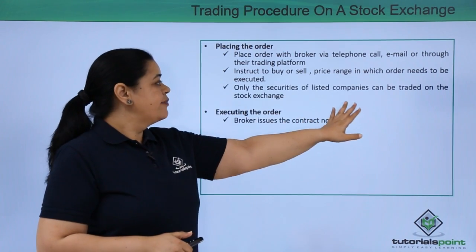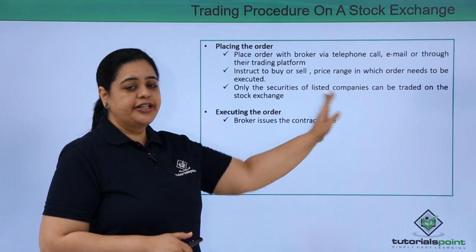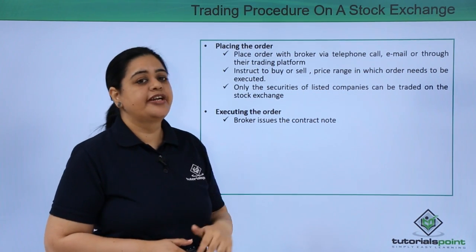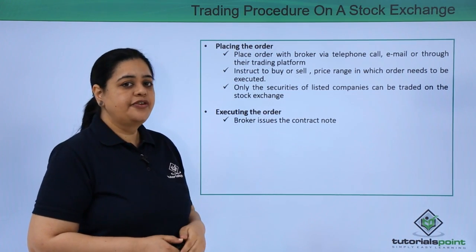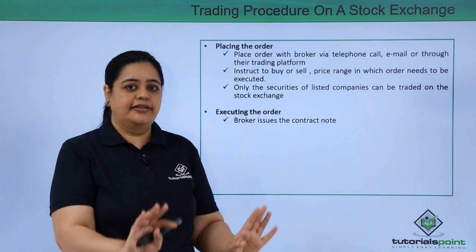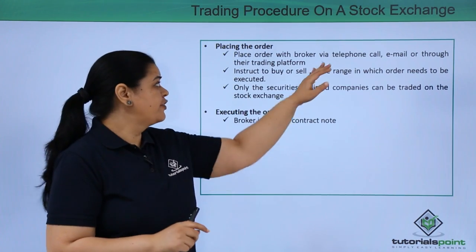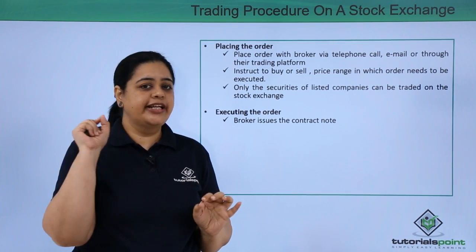Now, remember, only the securities of listed companies can be traded on a stock exchange. Now, next comes the execution of the order. Let's say I told him, or I inserted an instruction by way of a trading platform stating buy Reliance at 1400.